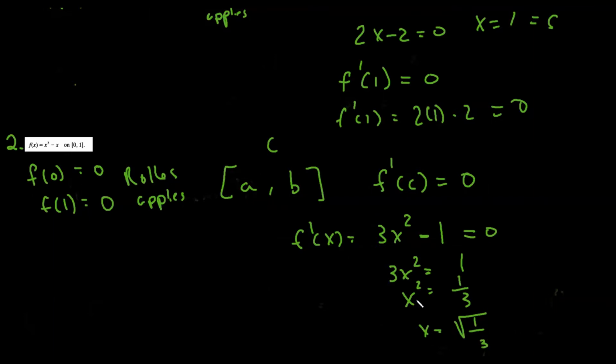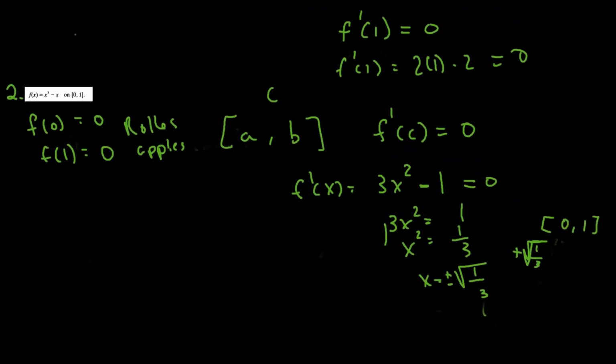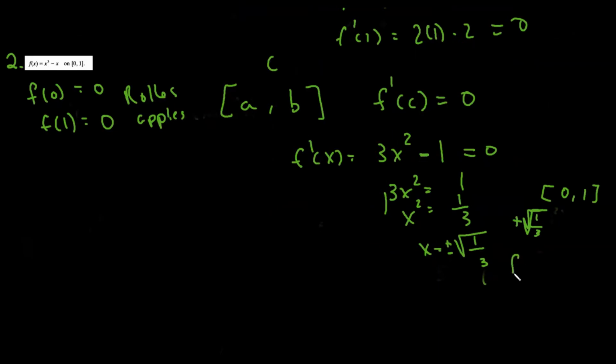Okay, and now we must not forget our plus and minus here from square rooting. So only our positive plus root 1 over 3 lies, it's all rooted by the way, in the interval 0 to 1. And if I were to plug in f prime of root 1 over 3, I'll get back 0.